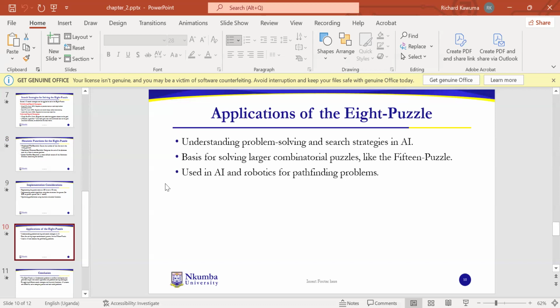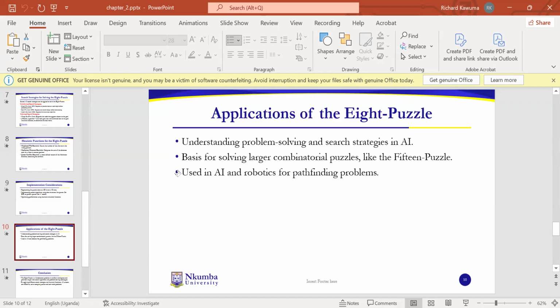So yes, we have been dying to understand the 8 puzzle. Okay. But the question is, how does it help us in AI? What is the application of it in AI? Why even waste time to study the 8 puzzle in AI?